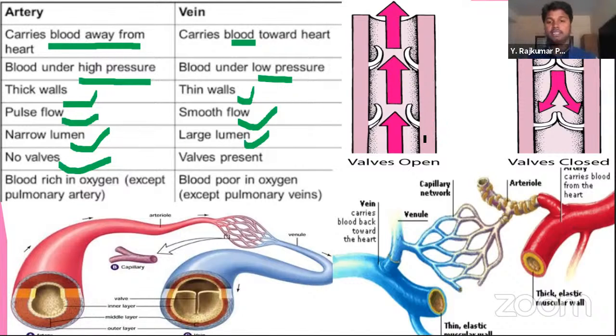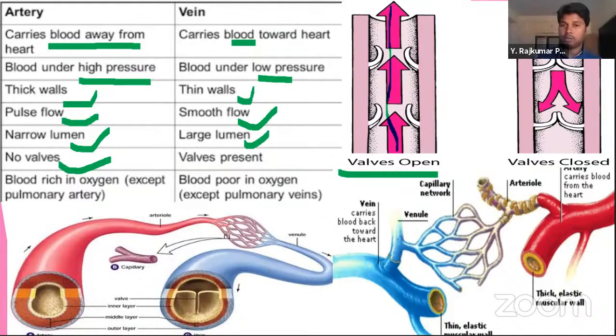Let's see what is meant by a valve. Valves are present in the veins, and they don't allow a reverse direction flow of blood. Here you can see when the valves are open, blood is moving through the valves, and whenever the valves are closed, they will not allow the reverse flow of the blood. That is the importance of valves.